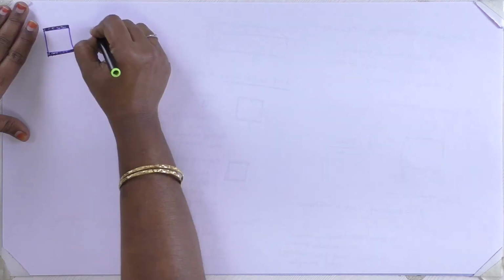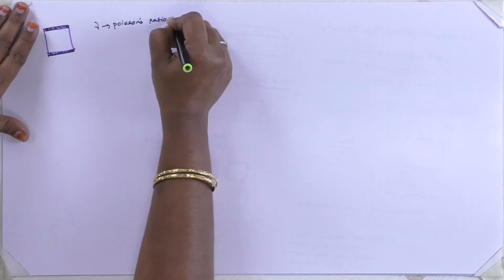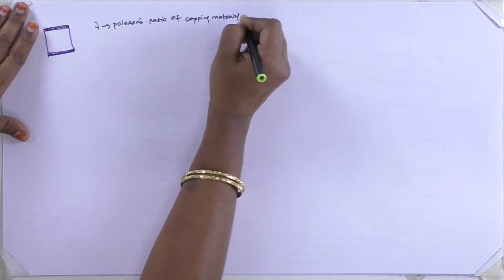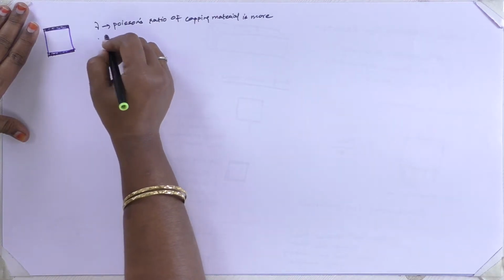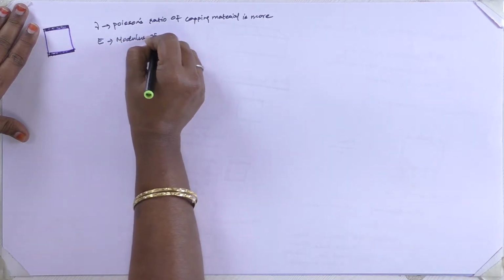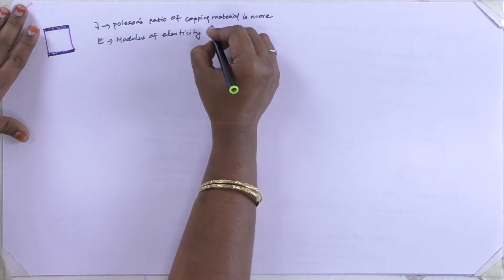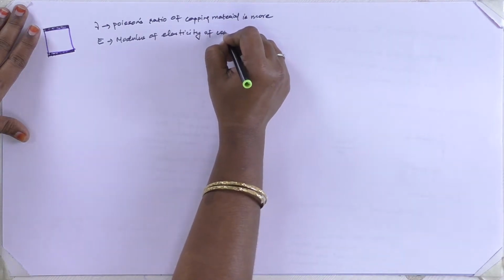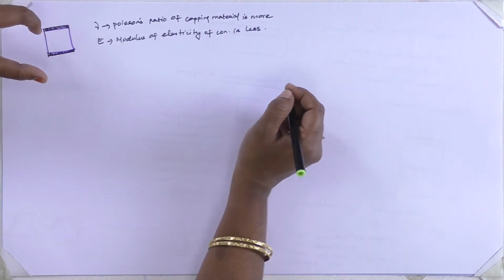Suppose the Poisson's ratio of the capping material is more, and the modulus of elasticity of concrete is less, then what happens?